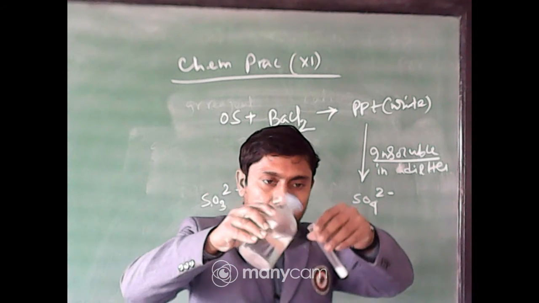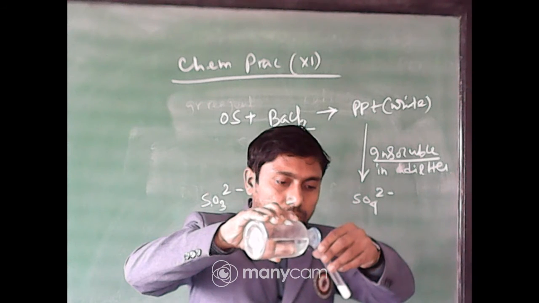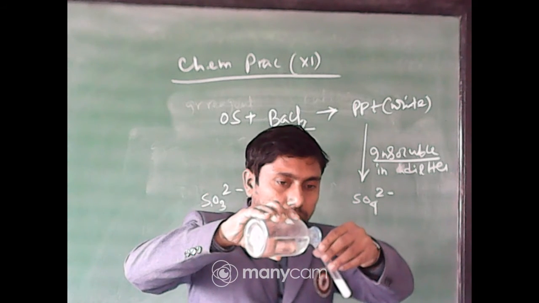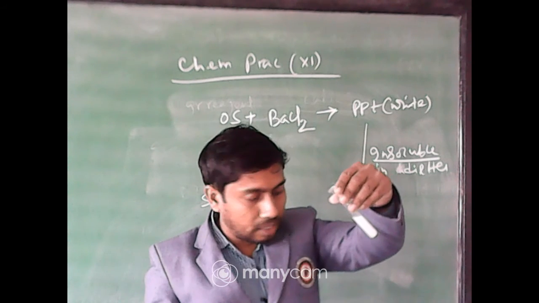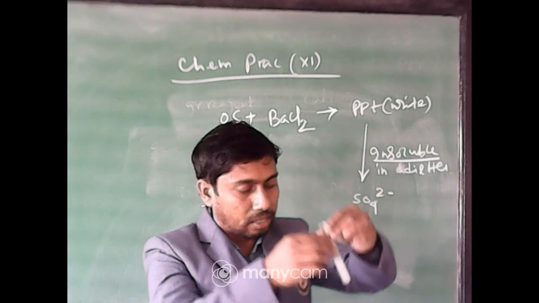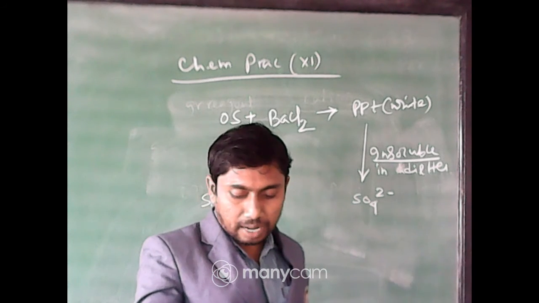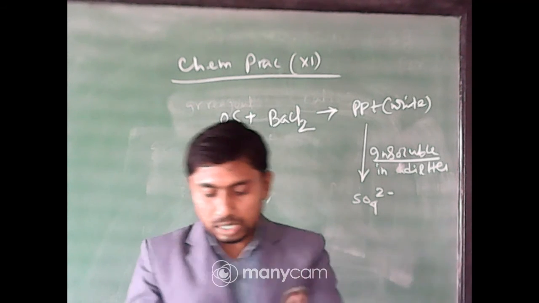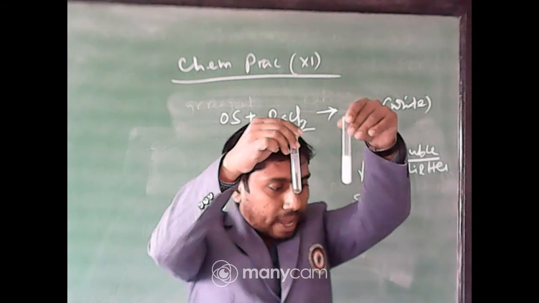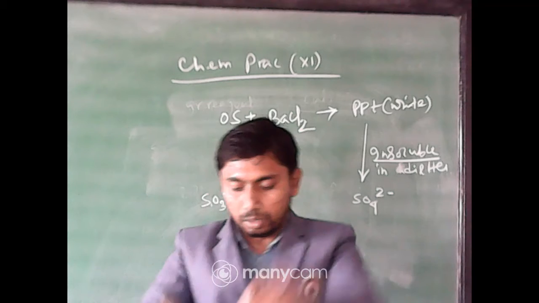This is the dilute hydrochloric acid. You can see that the PPT is not dissolving by addition of this mineral acid. So, this proves that it is sulphate, it is not sulphide. Okay. So, these are the two tests, one is for aluminium, the right one, and the left one is for sulphate.